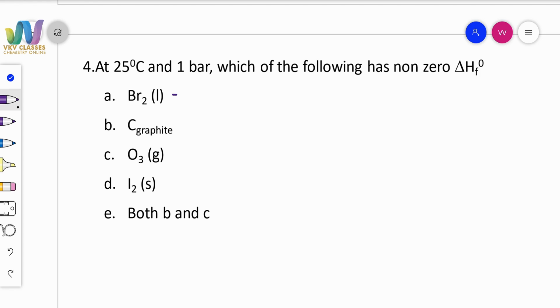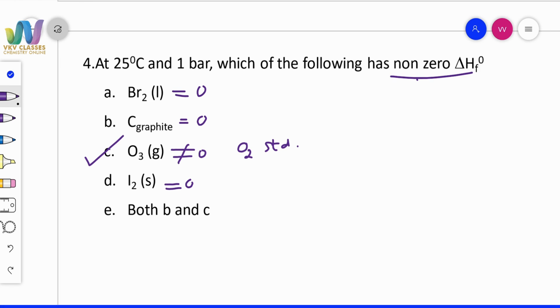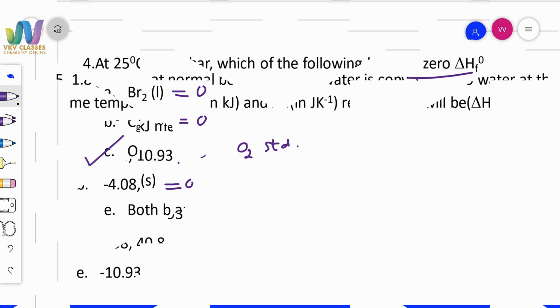Bromine liquid is a standard state, so this is equal to 0. Carbon graphite is a standard state, this is equal to 0. Ozone is not equal to 0, because oxygen is the standard state. Iodine solid is equal to 0. So the correct choice is C.